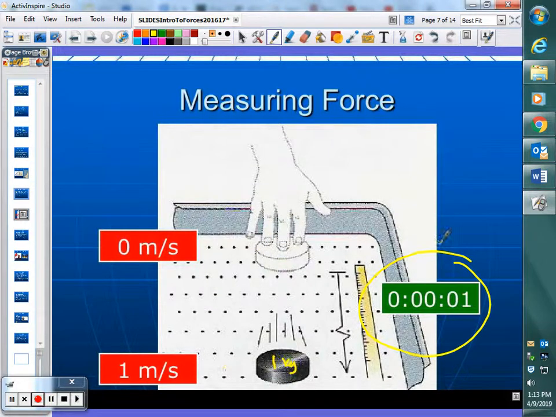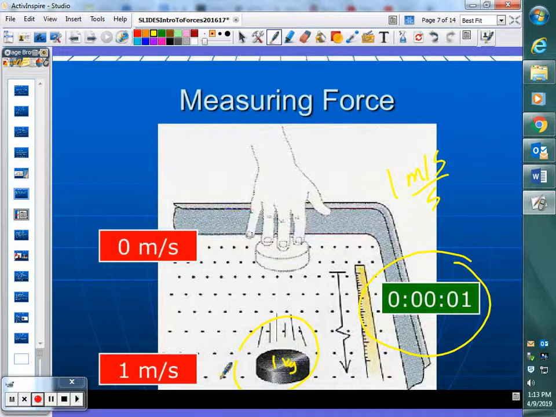How long did that take? 1 second. So this acceleration here is 1 meter per second per second. Since this hockey puck has a mass of 1 kilogram, that would be the amount of force that we would apply in order to make this happen.